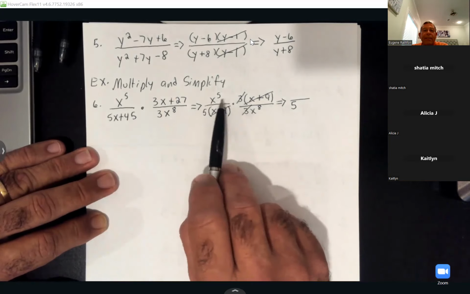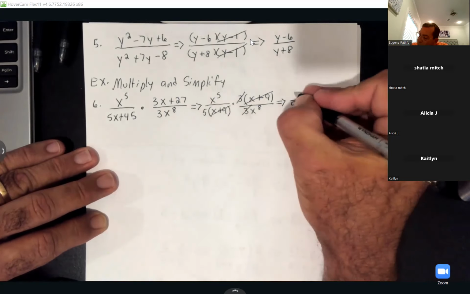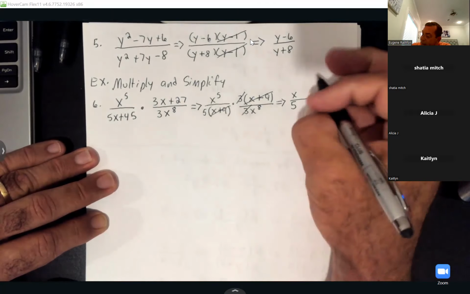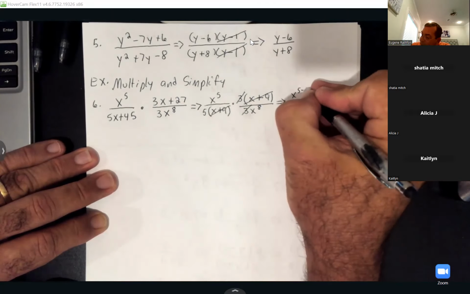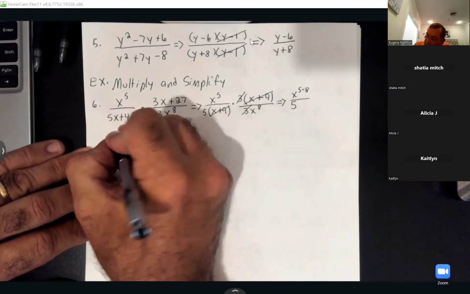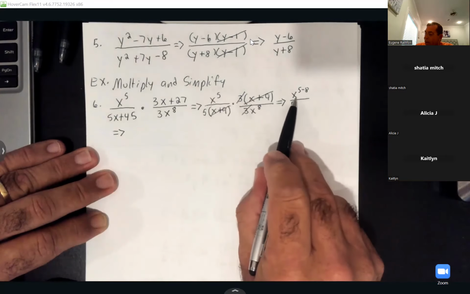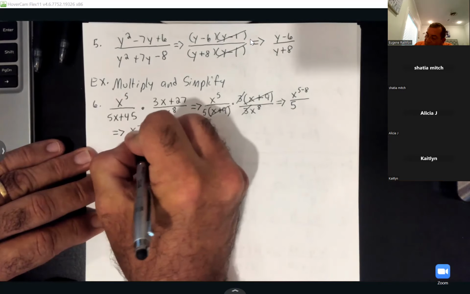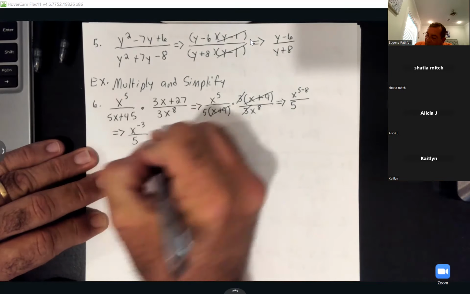Now, with the x's, we're going to do x, 5 minus 8, because remember, it's the top minus the bottom on those. All right, y'all. So 5 minus 8 gives me x to the negative 3rd over 5.